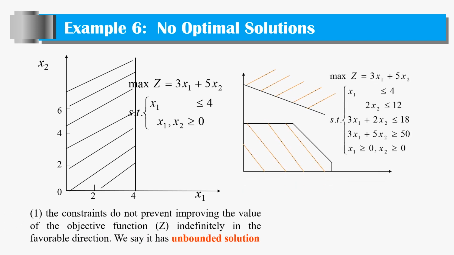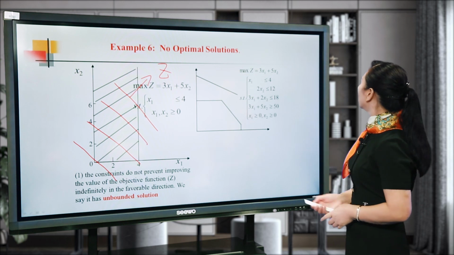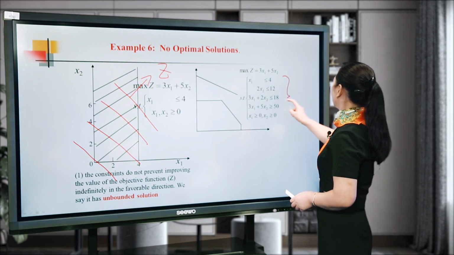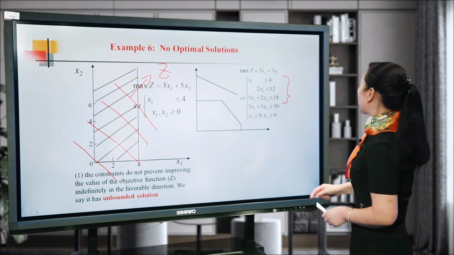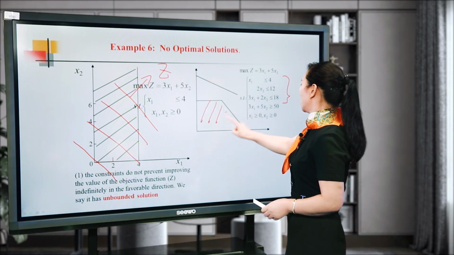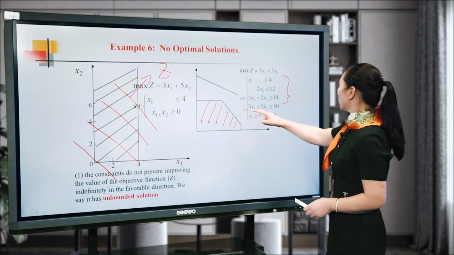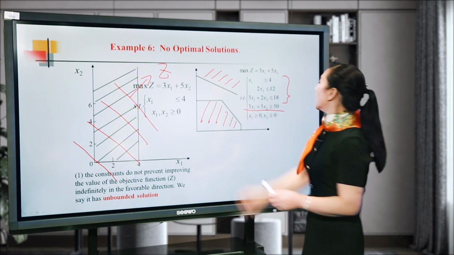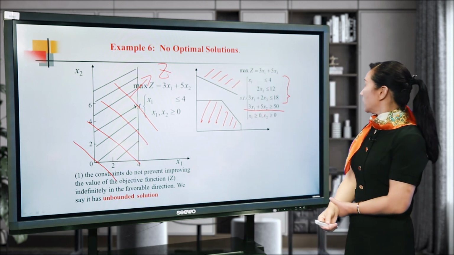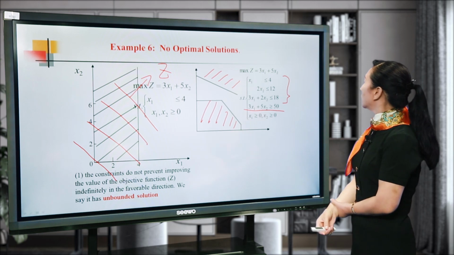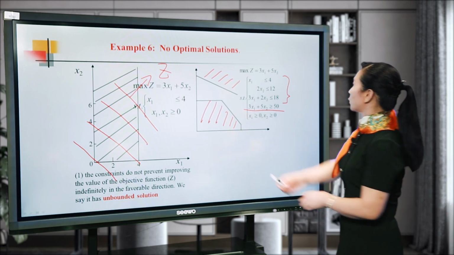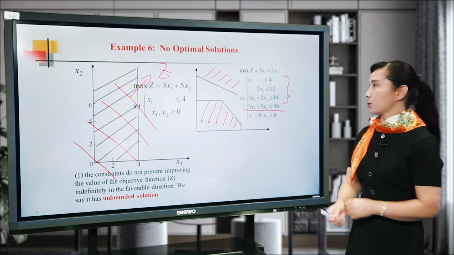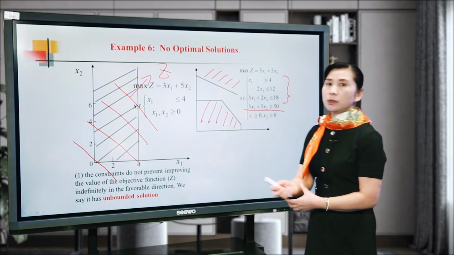We see another example. We notice that in this model, these three constraints determine this range. And the four constraints determine this range. And we show in this example, the feasible ranges of these two areas have no intersection.